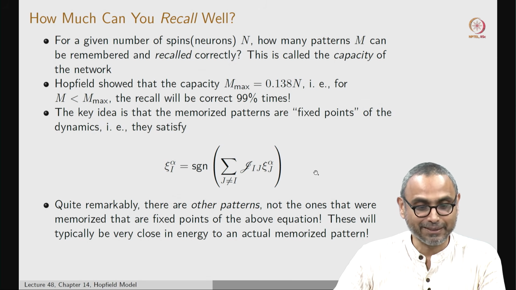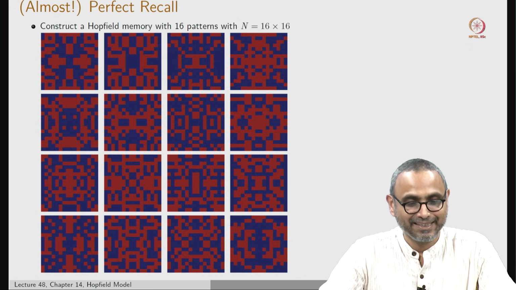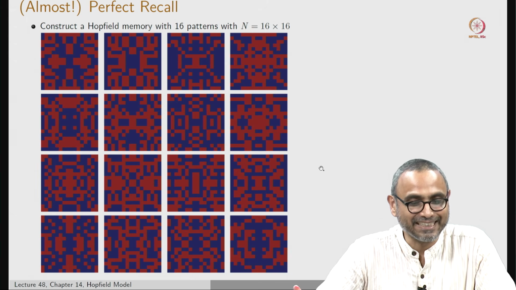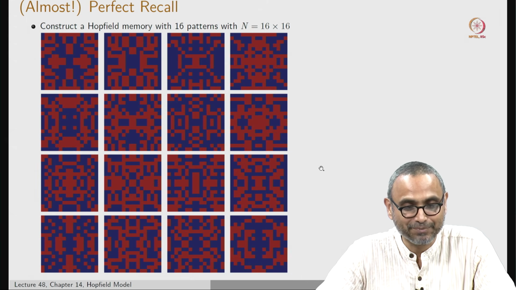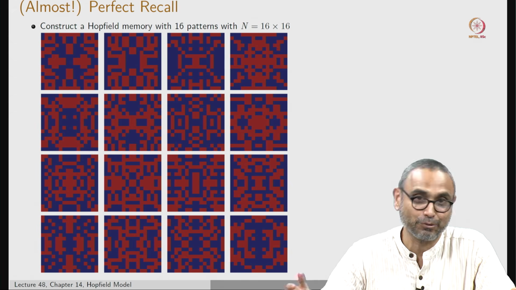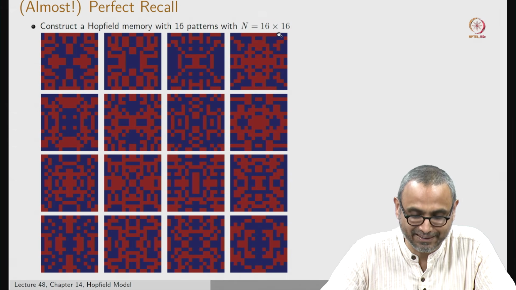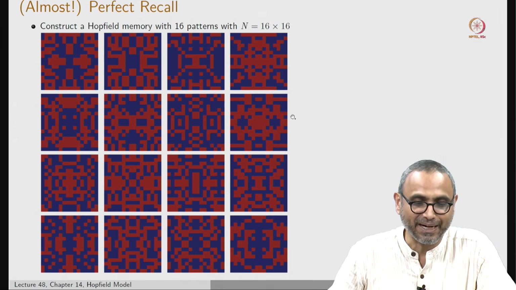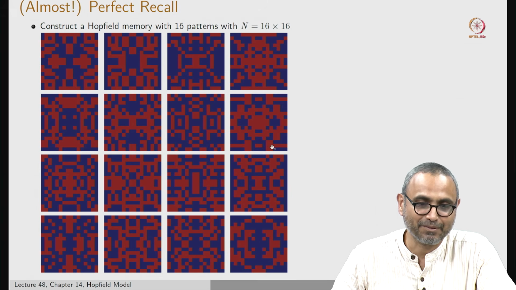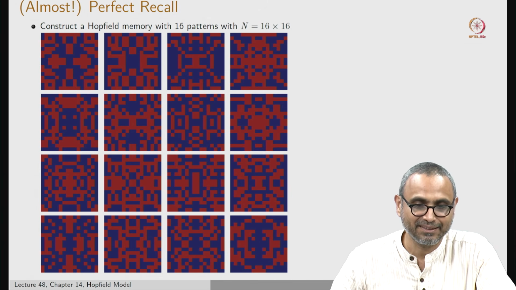This is a remarkable thing, and let me show it to you. I construct a Hopfield memory memorizing 16 patterns now, double the number of patterns that I had, in the same 16 by 16 or 256 qubits. So there are these 16 patterns which I have memorized. I have defined my Jij using these 16 patterns.